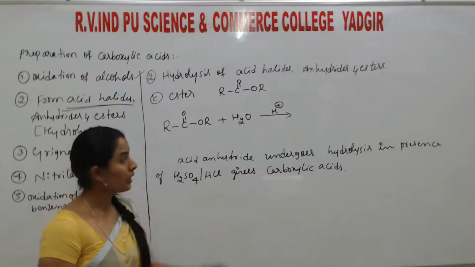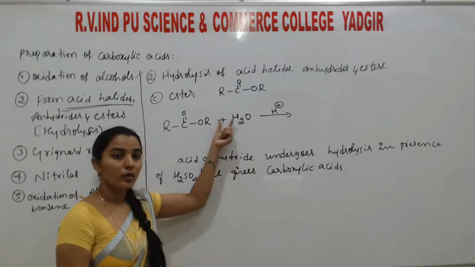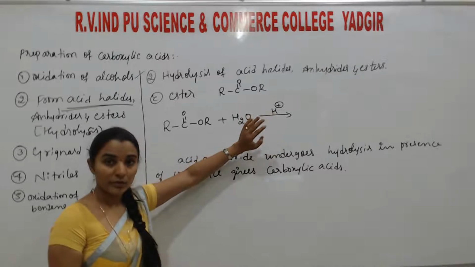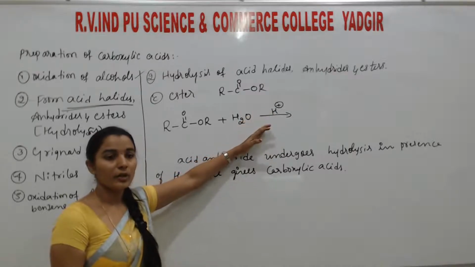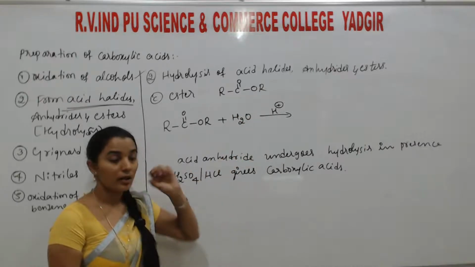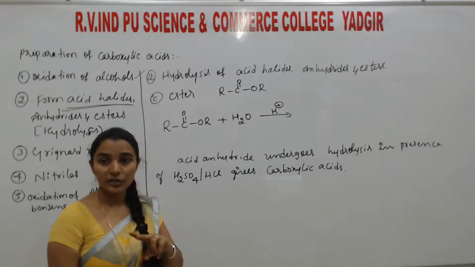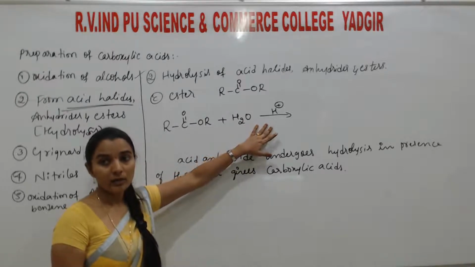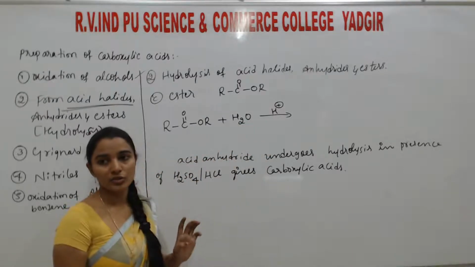Remember one thing, if we want to add a water molecule, we have to take dilute acids. Remember that. Addition of water molecule means dilute acid, dilute H2SO4, dilute HCl. Removal of water molecule, dehydration, means we have to take concentrated acid, especially concentrated H2SO4.